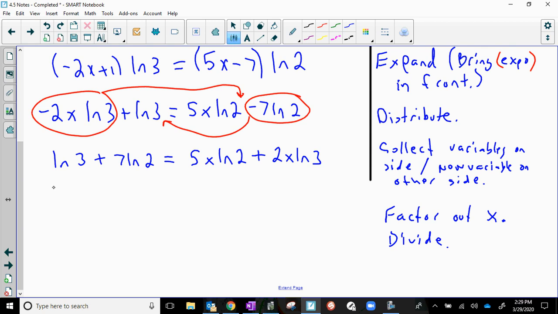I'll leave the left side alone. Sometimes solution keys get a little crazy and they start condensing, and they might do 2 to the 7th and get that number, which is 128, and times it by 3 and just write it down there. We're not going to require that. But if that's what the solution key is doing, then at least you can follow. We're going to factor out our x.